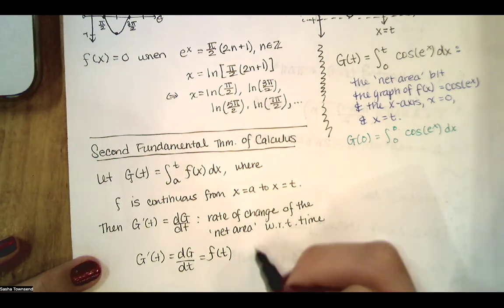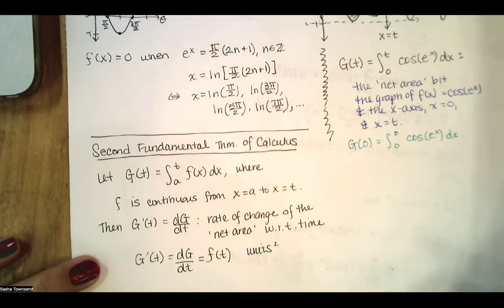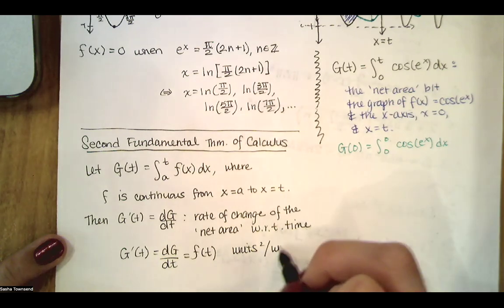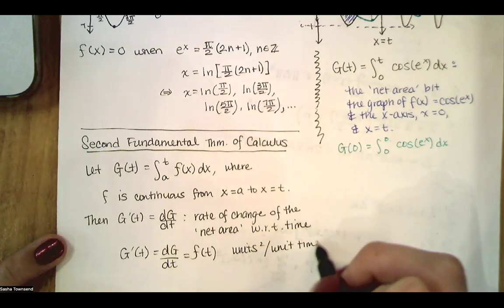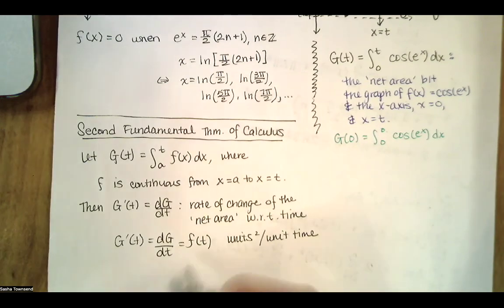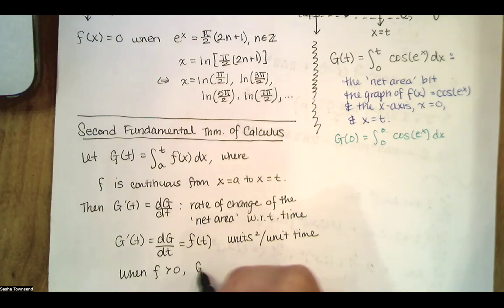So this is going to be some number of units of area, so it's units of length squared per unit time. And when f of t is positive, g is increasing.